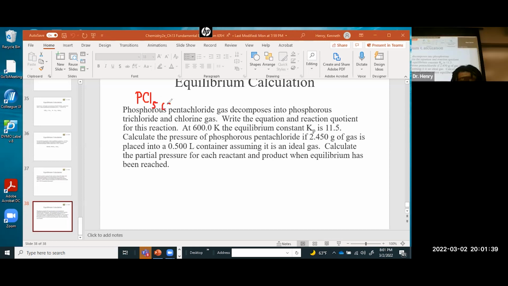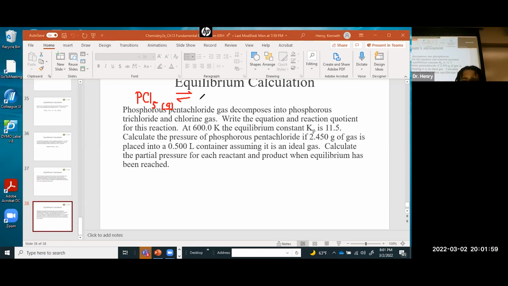And it's a gas plus, oh, sorry, it decomposes to what?